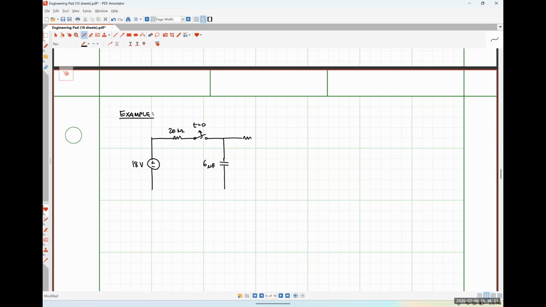I'm going to have another resistor. Let's see, this will be 100 kilo ohms. I'm going to have yet another capacitor. This guy will be 12 microfarads.